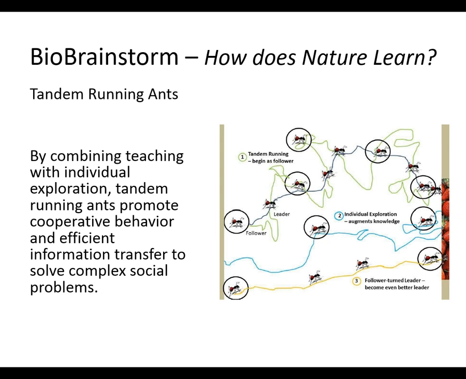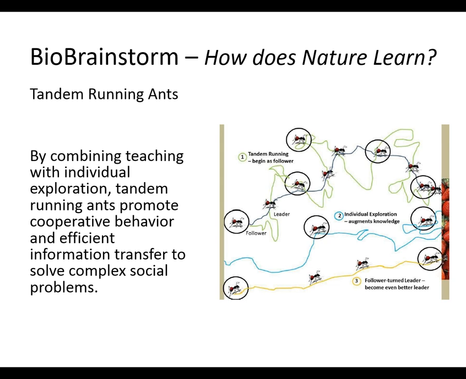I thought I'd talk a little bit here about tandem running ants. Tandem running ants, like any ant, and also like bees, are social insects, and they live in highly organized societies with clear divisions of labor. They have some pretty important decisions to make: where to find food, should they move their nest or their colony.